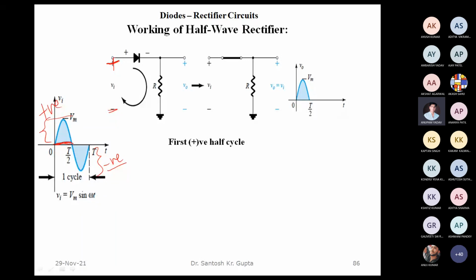And for such a case, we have the diode on, and if we assume this to be an ideal diode, most of the time for a simple analysis we assume the diode to be ideal unless told otherwise, it acts like a short circuit, and we get the output voltage exactly the same as the input voltage. Output and input are both the same. This is what is happening in the positive half cycle.